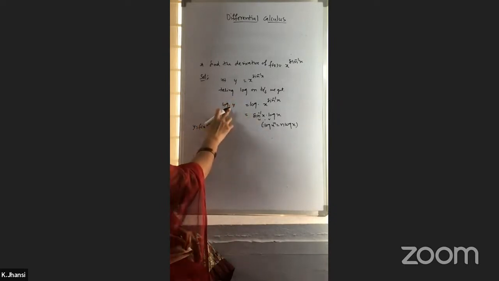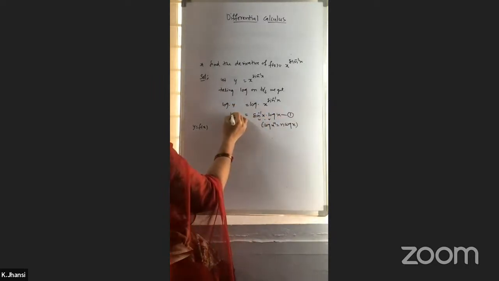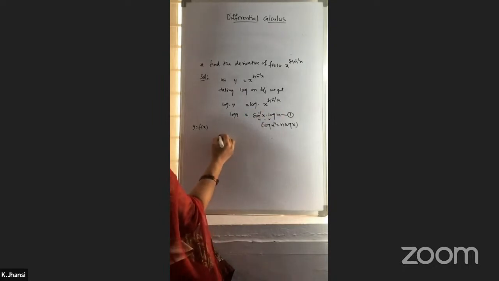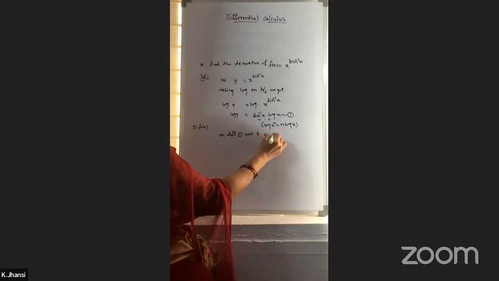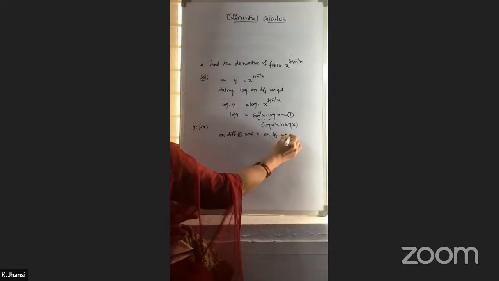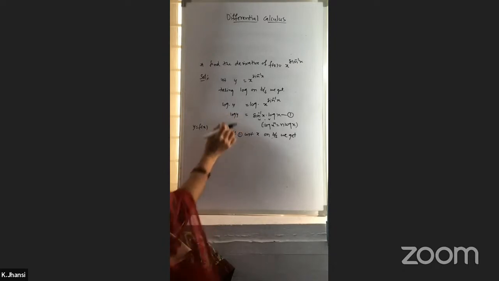Okay, so log y is equal to sin inverse x into log x. If you take this as equation 1, on differentiating 1 with respect to x on both sides, we get log y. Log x differentiation is 1 by x. Like that only, log y differentiation is 1 by y.